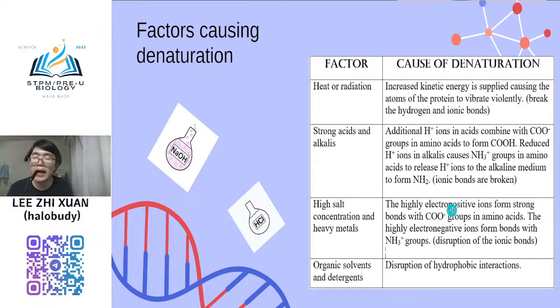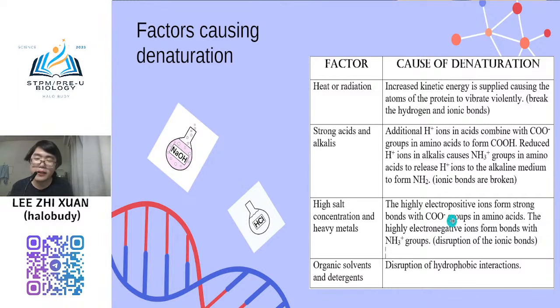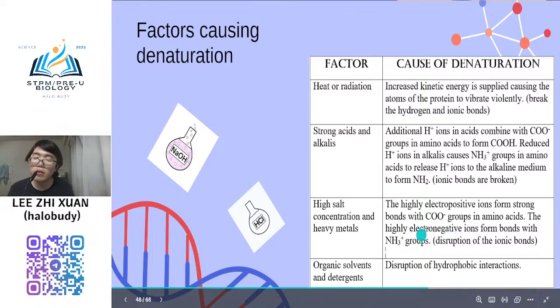But because they are highly electropositive ions, highly reactive, your carboxyl group will not bond with the amino group. They will form a bond with any electropositive ion, like magnesium ion, zinc ion, all that. Similarly for negative ions: if they are highly electronegative, they will not bond with COO negative. They will bond with others, like the hydroxyl group.